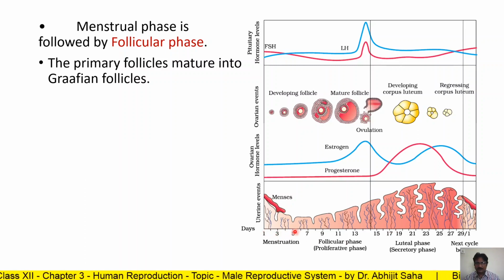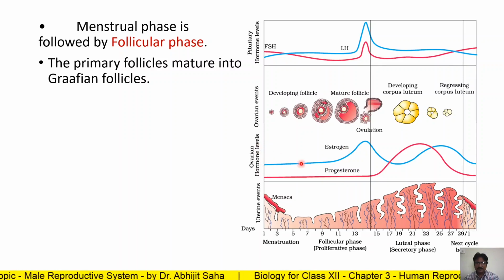So the menstrual phase, follicular phase, and the luteal phase we will discuss, and these are the changes which you can see. Simultaneously, during this 28-day cycle, there will be a change in the ovarian hormones, estrogen and progesterone.